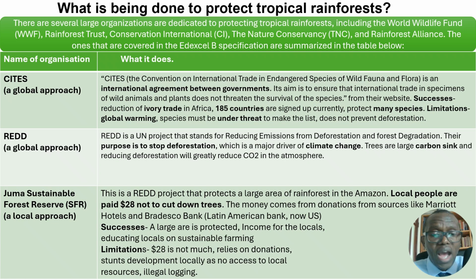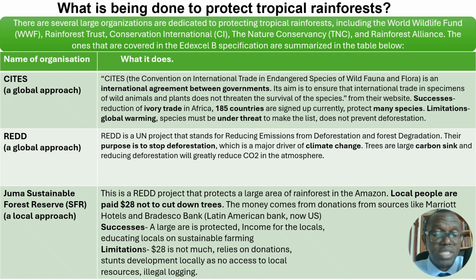Okay, so the third approach here is more of a local approach rather than a global approach. So this is not between countries, but within countries. And this is the Juma Sustainable Forest Reserve, the SFR. This is actually a REDD project that protects a large area of the rainforest in the Amazon.